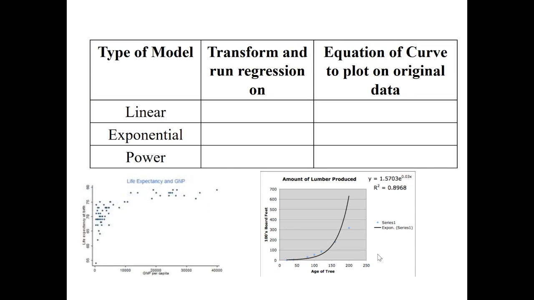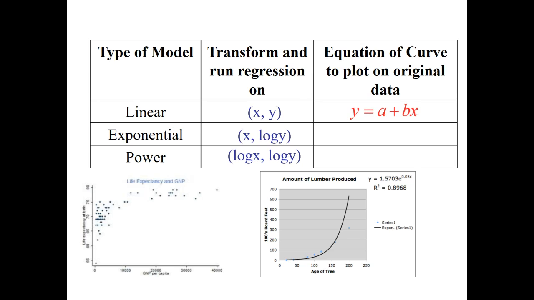Now, lastly on this, we have a couple different models. If you think it's linear, you just transform, you run the regression on x and y. If you think it's exponential, you just take the log of y and run the regression on x and log of y. Everything is a power, log x, log y. Now, personally, I use the calculator. I try the other 3 models and I pick the one that's the best fit.